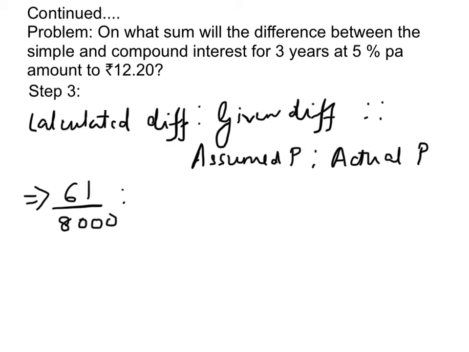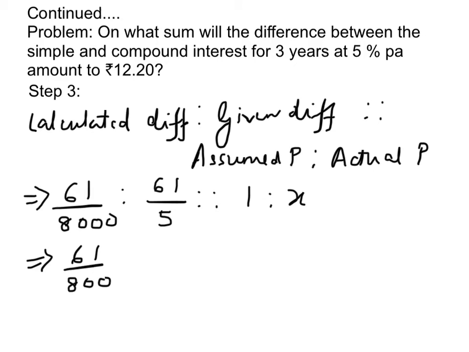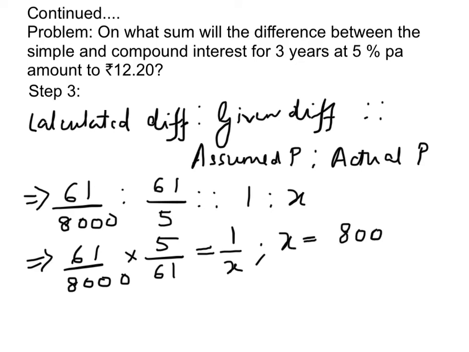Given difference we just calculated 61 by 5 is 1 is to x. So what is x? 61 by 8000 into 5 by 61, because we are dividing, so it becomes into, equal to 1 by x. Therefore x equals 8000 by 5, which is equal to 1600 rupees.